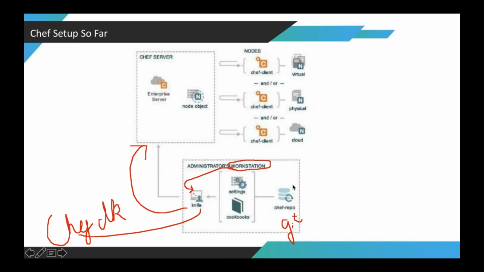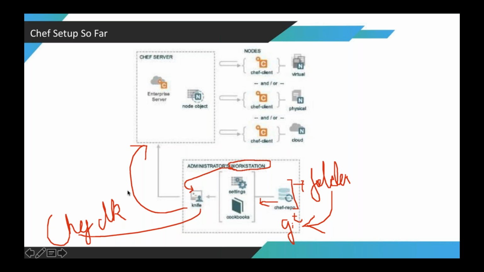And you have a chef repo. Chef repo is basically a folder, and for managing your code, everything will lie inside the chef repo. Another thing is we are going to push this folder or repository onto Git as well for versioning this repo. And then we have certain settings and the cookbooks running in our environment.